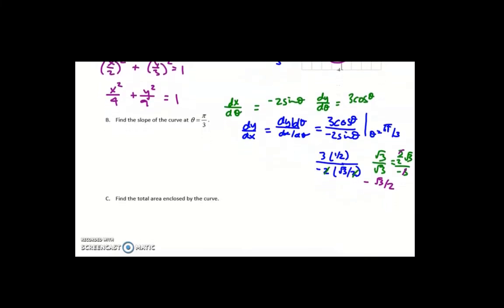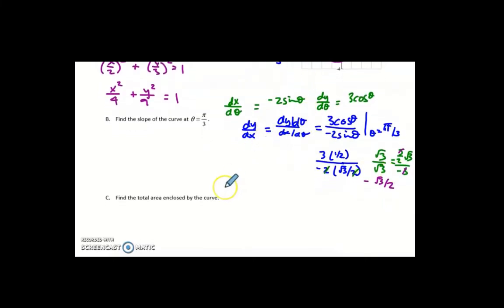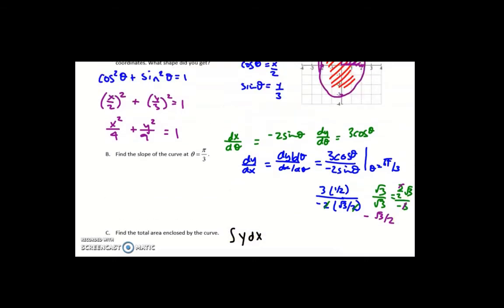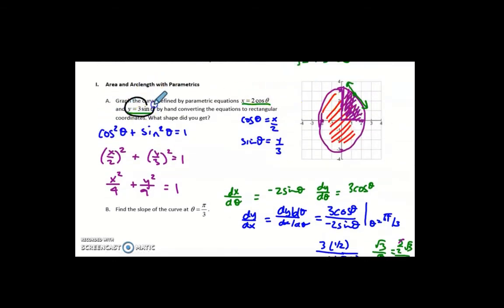So if you recall from pretty much everything we've done, if you were looking for area, what you need is the height of the function times the width of each slice. So if we did that in terms of parametrics, we actually have separately the y value right here, and we found the dx value right here.